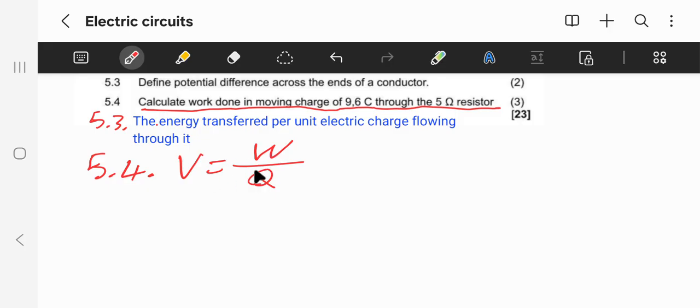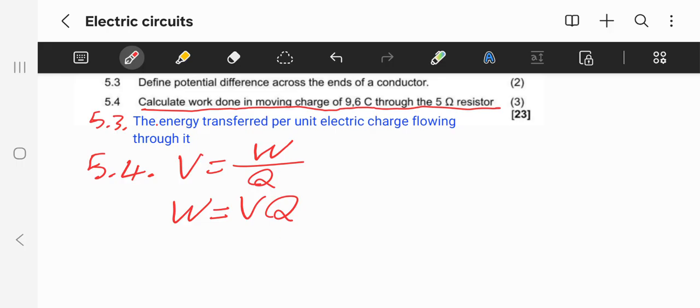Remember, you always have to write the formula according to what we have been given on the formula sheet. So this is how the formula is given, and then we can manipulate it to say W, which is the work done, is equal to V multiplied by Q, right?